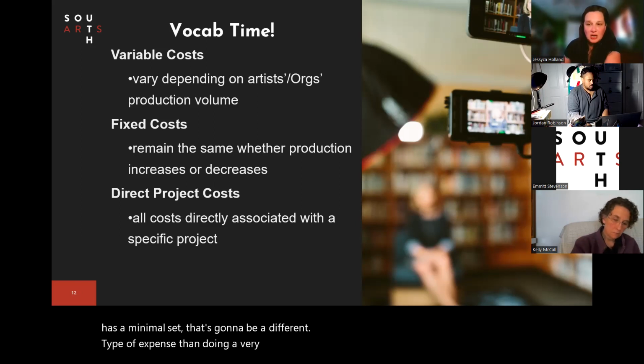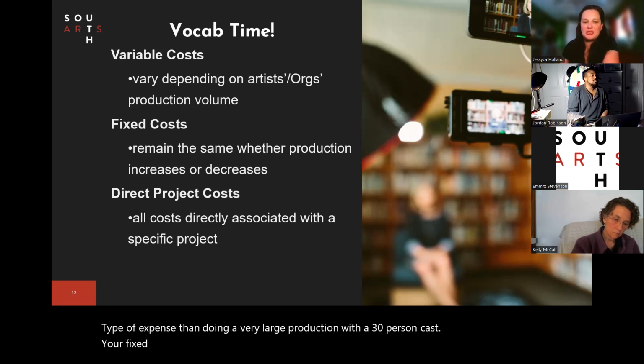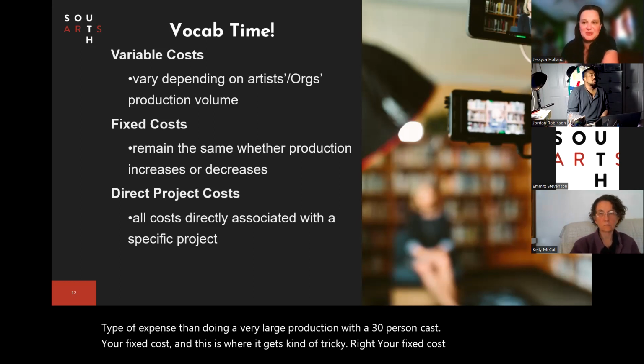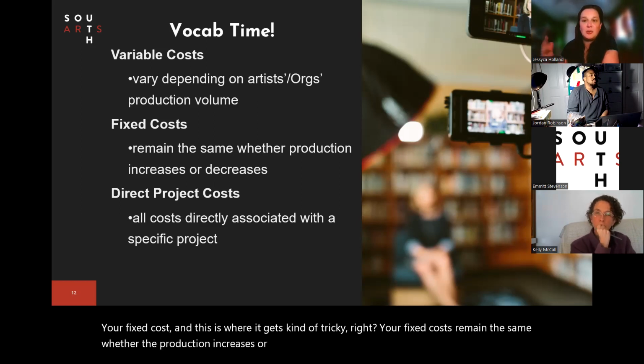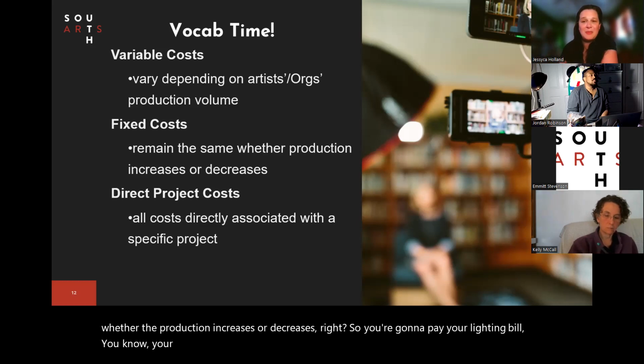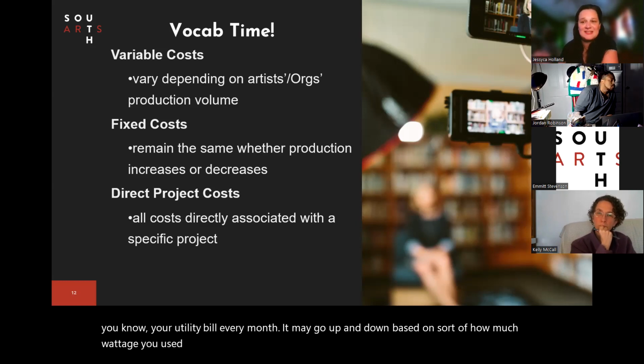Your fixed cost, and this is where it gets kind of tricky, right? Your fixed costs remain the same whether the production increases or decreases. So you're going to pay your lighting bill, your utility bill, every month. It may go up and down based on how much wattage you used, but it's still considered a fixed cost.